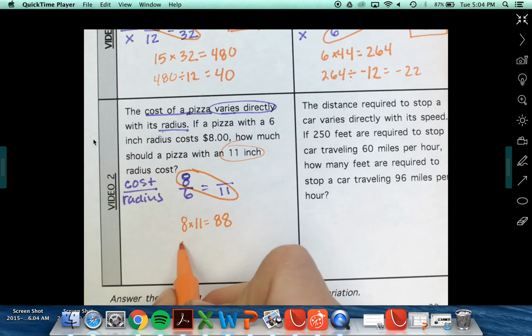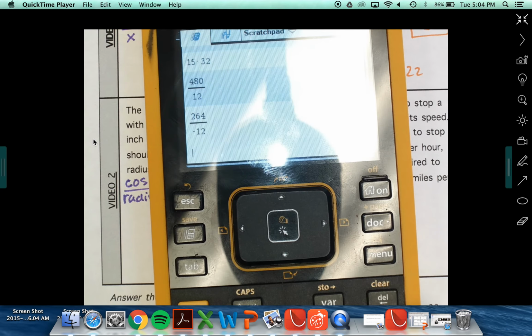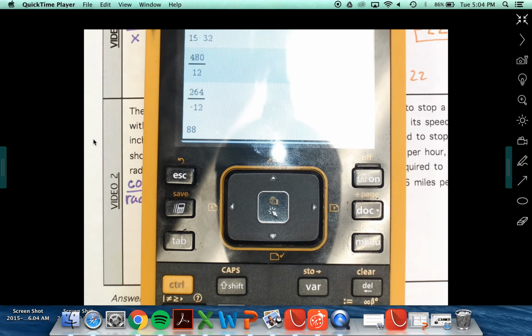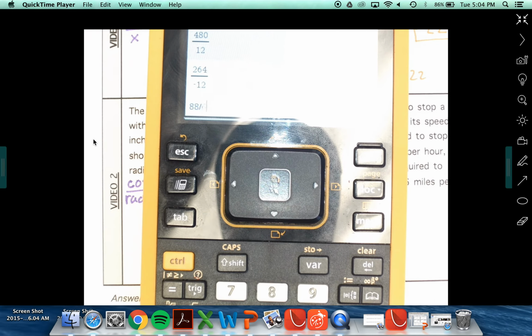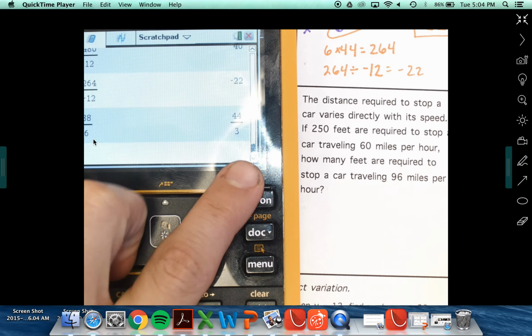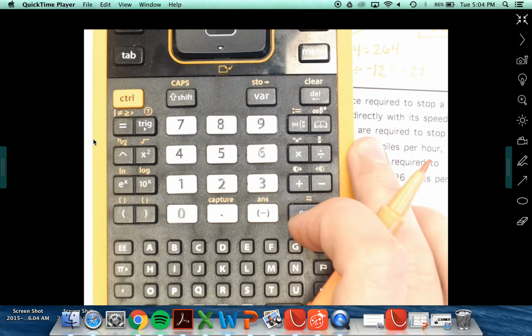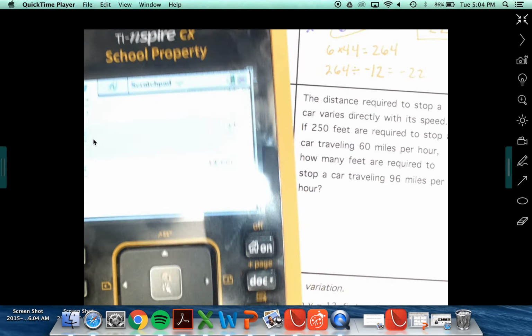Okay, and then I'll take my 88 and divide it by that 6. So I've got 88 divided by 6, and I got 44 over 3. We're talking about money, right? So change it to a decimal, control, and then enter.